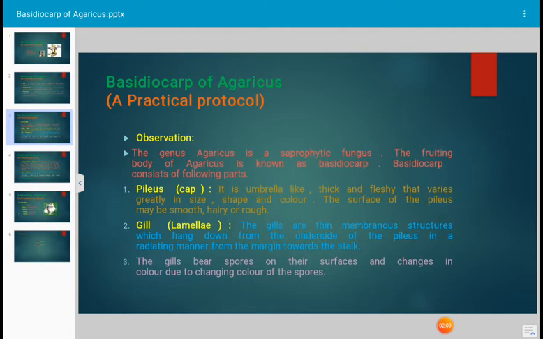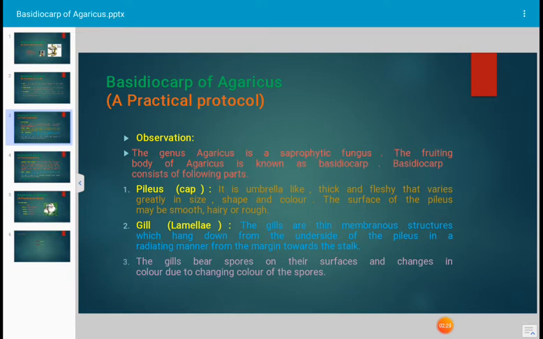The ventral surface of the pilus consists of numerous membrane-like structures. These thin membranous structures which are hanging from the lower surface of the pilus are known as gills, or also known as lamellae.